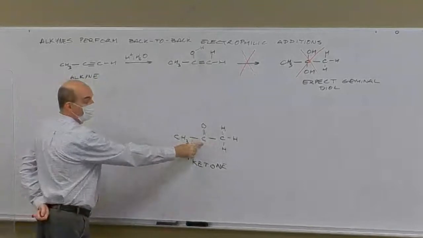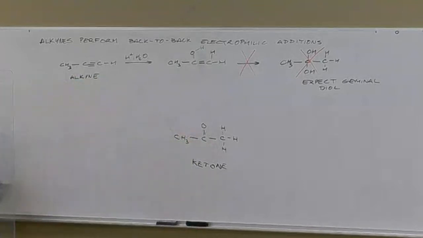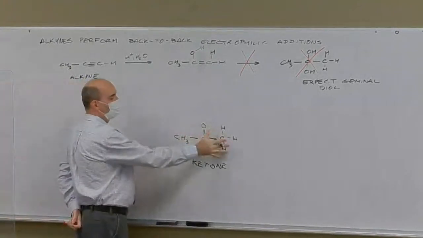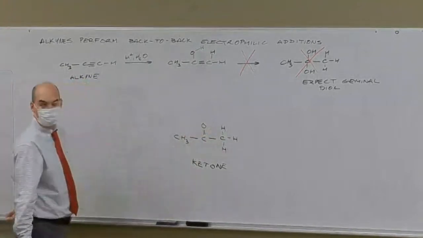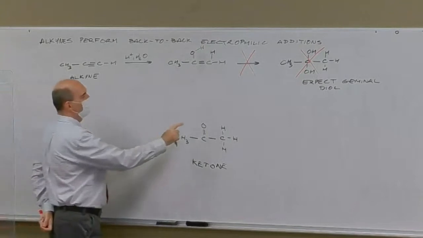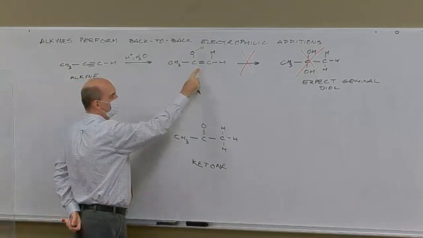So this is an sp2 carbon. I've written it out on a straight line, but really, it would help if you wrote that as trigonal planar. Okay. All right, so how do we get from here to there?